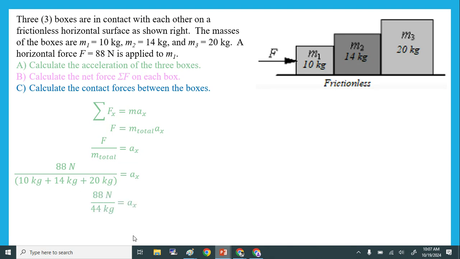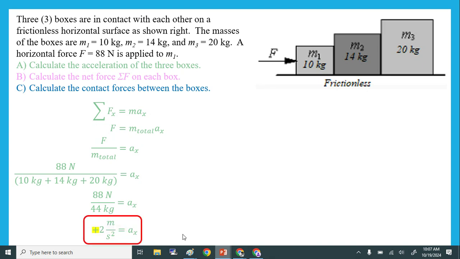If you do that properly, you get 88 divided by 44, and the acceleration comes out to be 2 meters per second squared. Here I've chosen to highlight the plus sign because acceleration is a vector, and according to this diagram, it will accelerate to the right of the screen. So I will include the plus sign there to include direction.